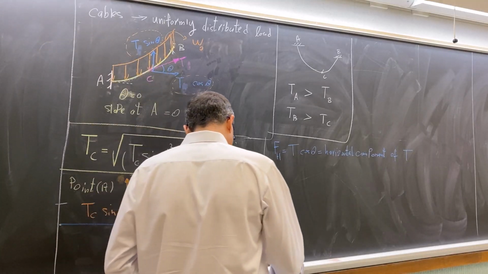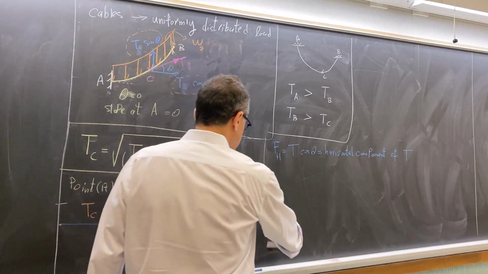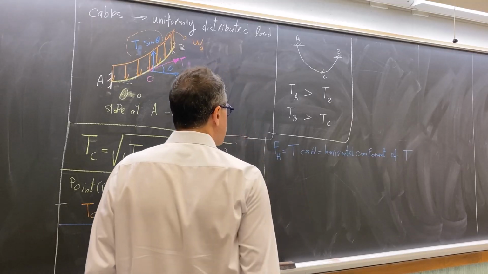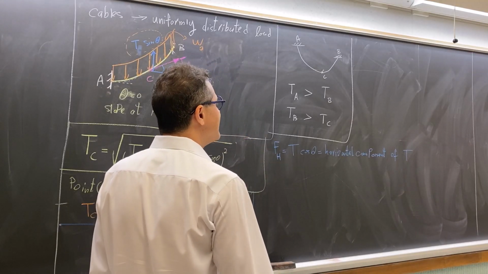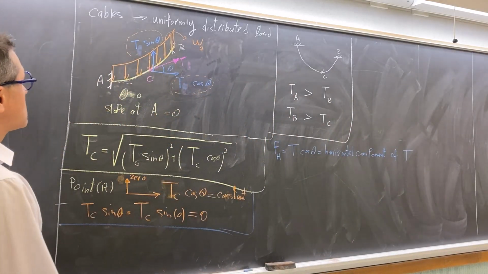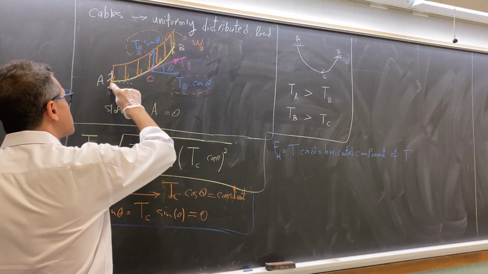So keep in mind the horizontal component, shown by FH, the horizontal component of the tensile force of the cable, is always constant through the entire cable, meaning the entire segment from A to B.